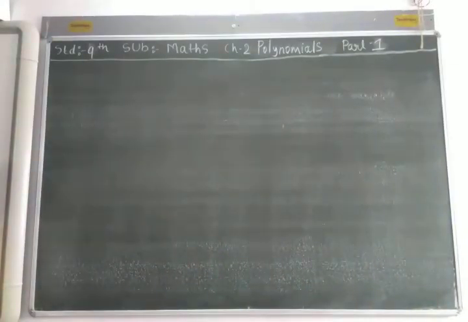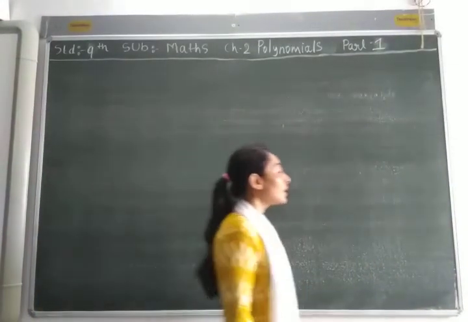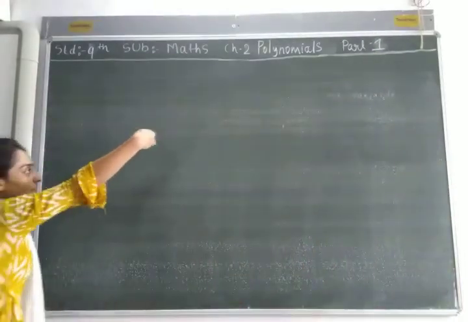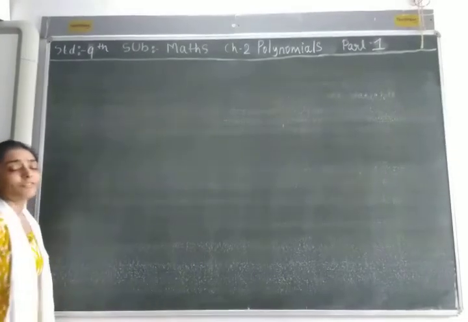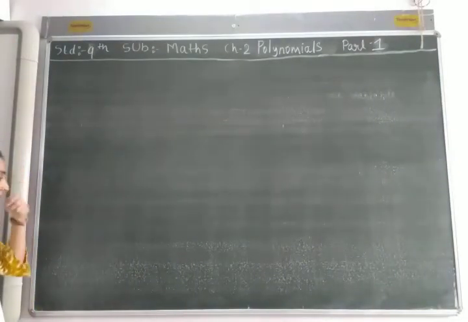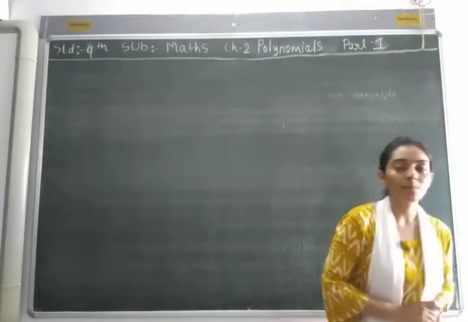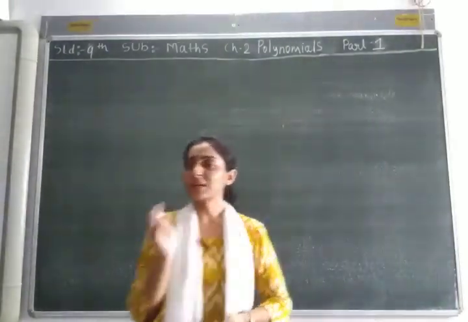All these things we are talking about are in one variable, so all these topics come under a polynomial of one variable only. When I am talking about terms, each term is separated with a plus sign or a negative sign.